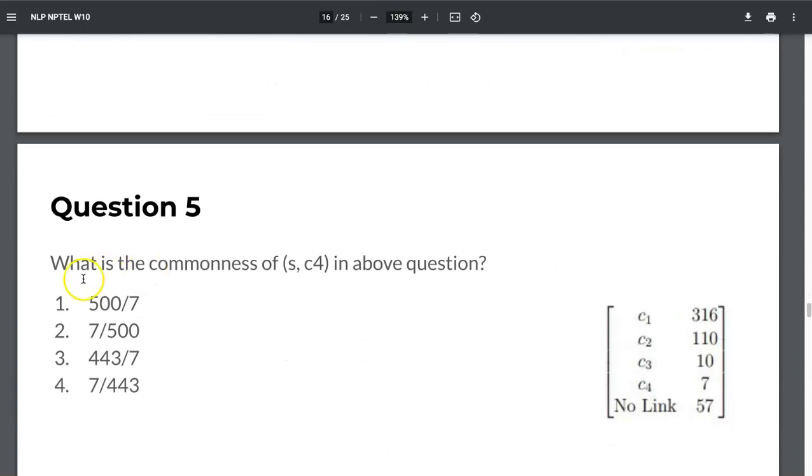Similarly, if you want to check the commonness of the word Tokyo with C4, you can just check. It will be a fraction of two things. In the numerator it will be the number of times it connects with C4, and in the denominator the number of times it connects with some other Wikipedia articles.